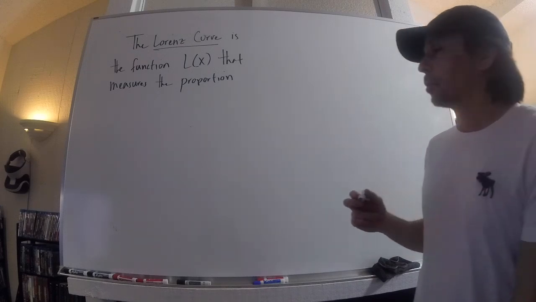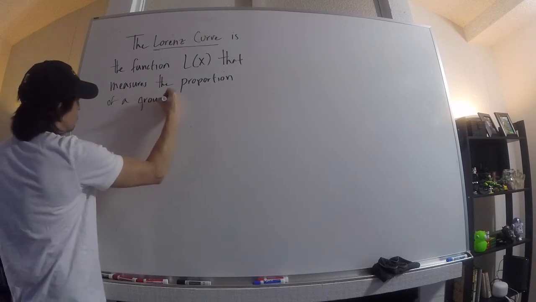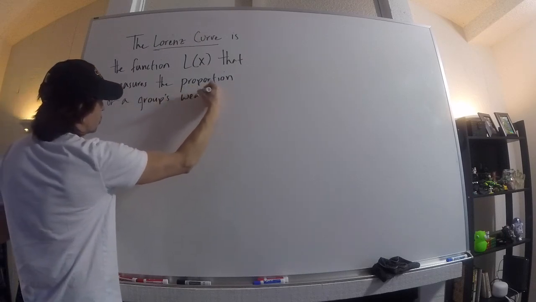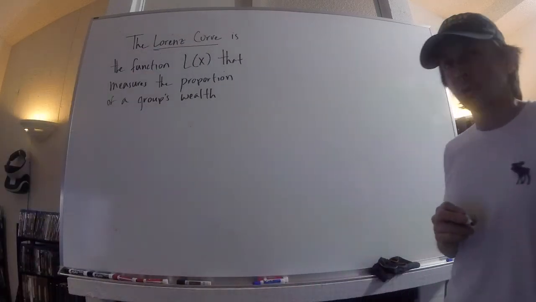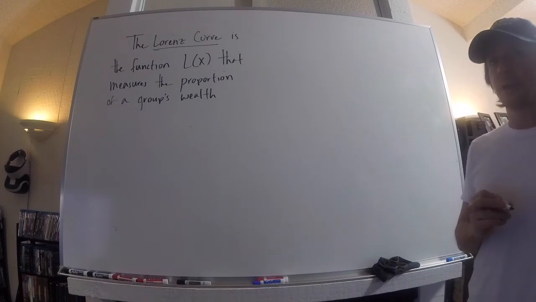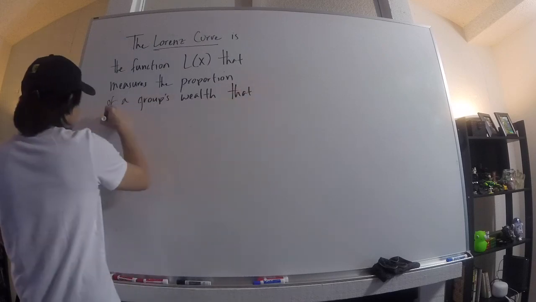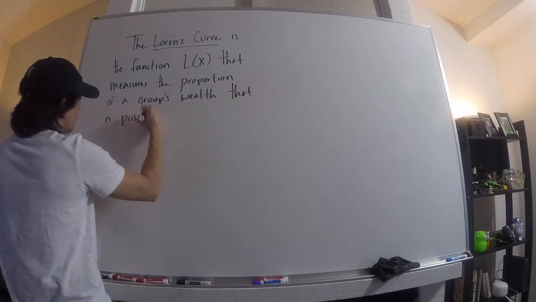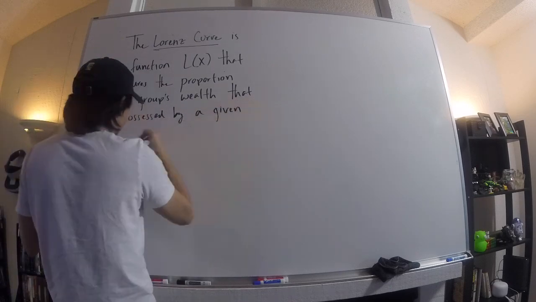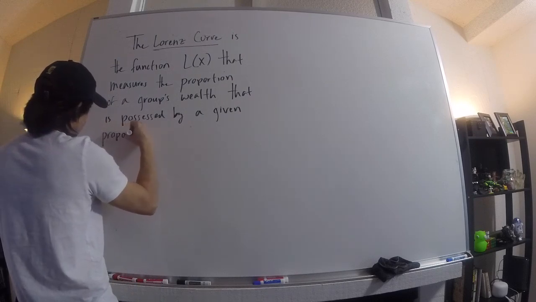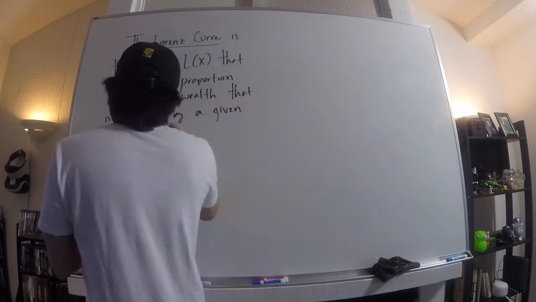So it measures the proportion of a group's wealth or income, which are different things, but they use wealth in their definition, though the graphs refer to income, that is possessed by a given proportion of its people.